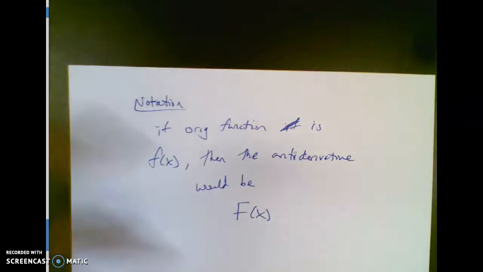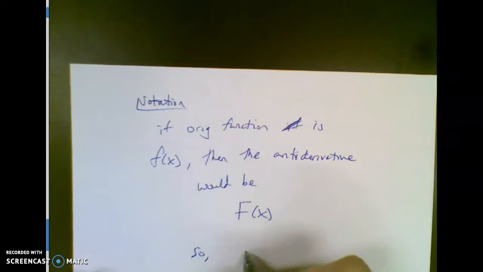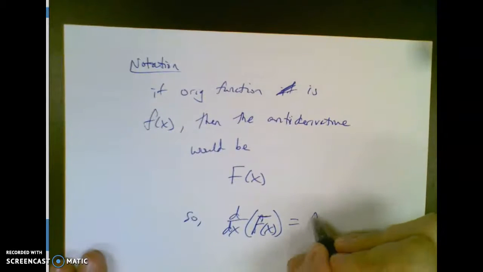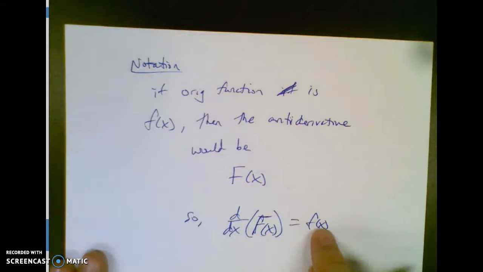So if you go down a step on the ladder, you use primes. If you go back a step on the ladder, you use capital F. So if I took the derivative with respect to x of capital F of x, it's going to equal regular f of x. The derivative of this guy equals that guy, or the antiderivative of this guy equals capital F of x.